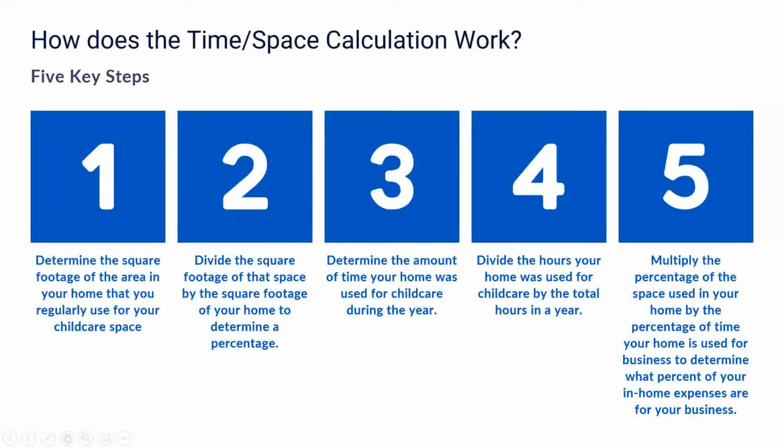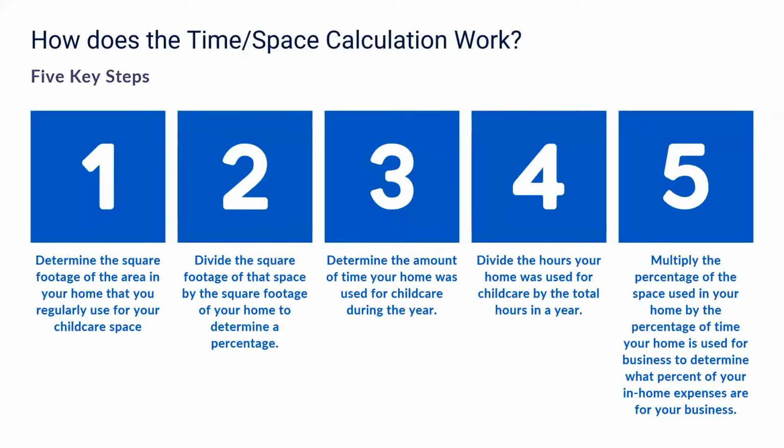So how does the time-space calculation work? The time-space calculation takes just a few simple steps to help you calculate the percentage of your home that is used for business. It considers the amount of time your home is used for business and the space within your home that is used for business.